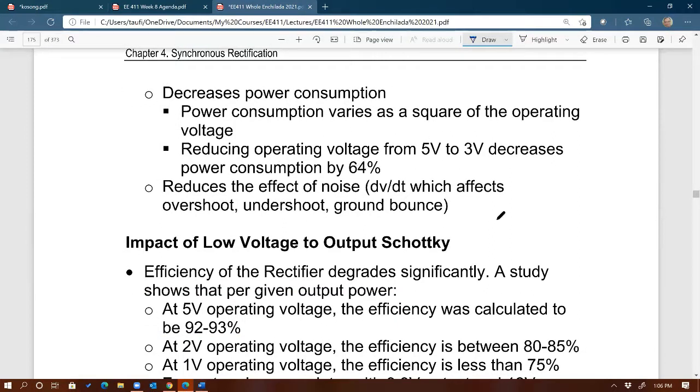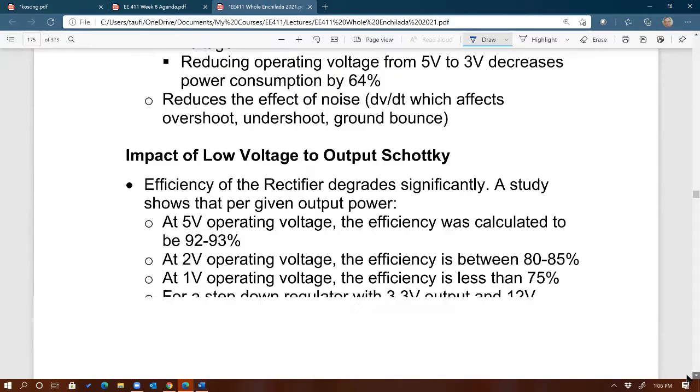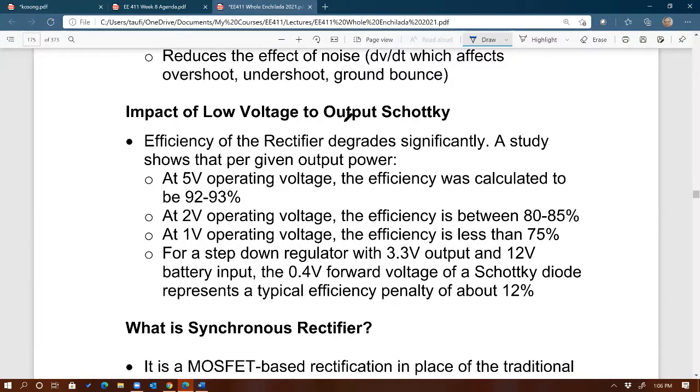So I talked about this already, the power consumption, the impact of low voltage on the efficiency of the rectifier, or in this case the diode, right? A diode rectifier degrades significantly with low voltage. The study shows that per given output power at 5-volt operating voltage, the efficiency was calculated to be 92 to 93%.